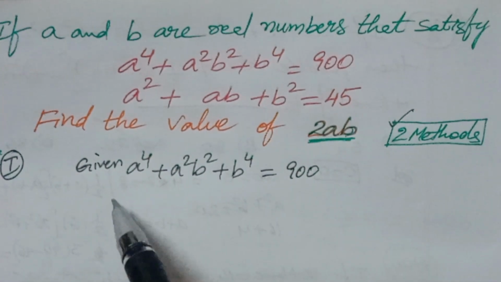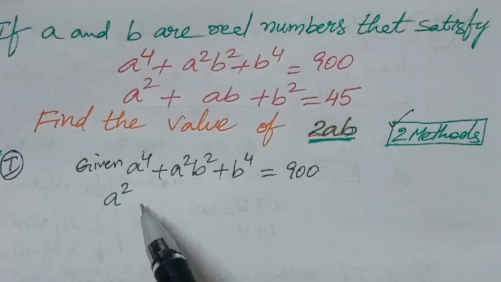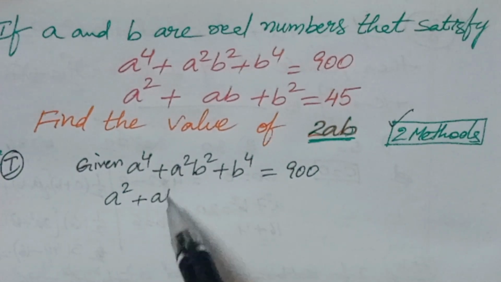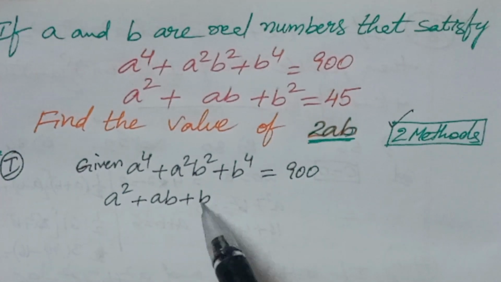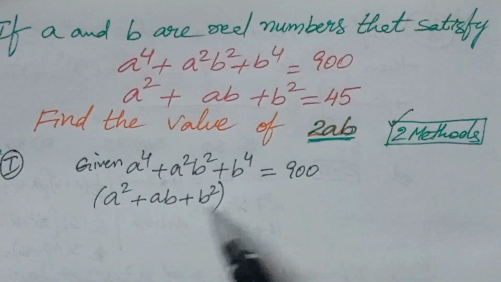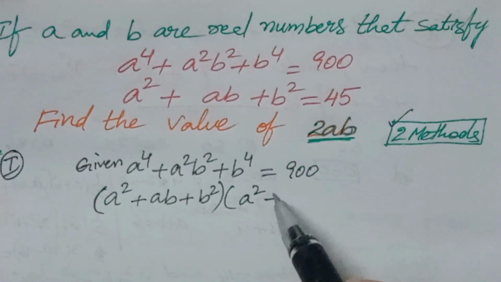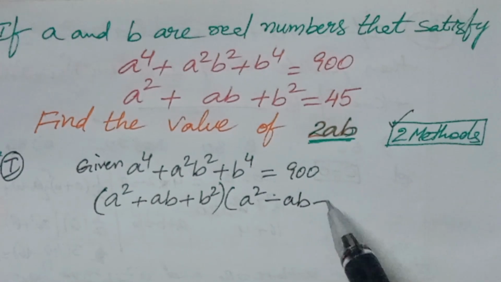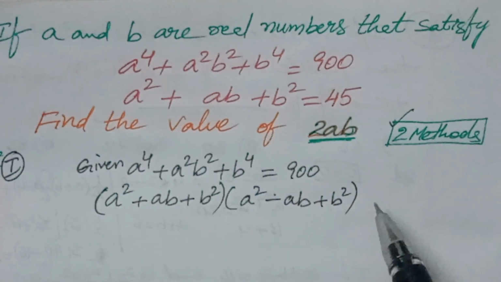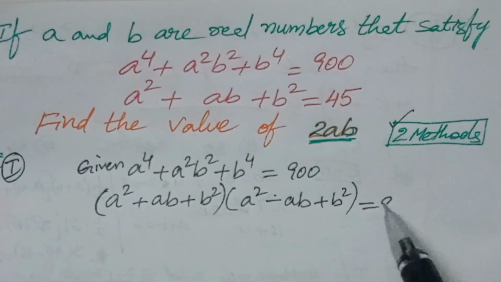So this can be written as a square plus ab plus b square into a square minus ab plus b square is equal to 900.